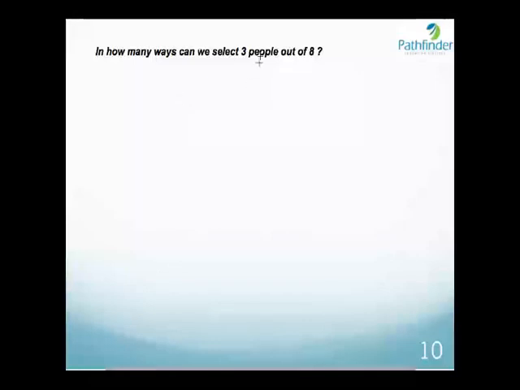In how many ways can we select 3 people out of 8 people? So we have to select 3 people out of 8 people. So N is equal to 8, R is equal to 3, and we know that number of selection of R people out of N people is given by NCR, and applying the same formula we'll get the value as 8C3. And what is the value of 8C3?